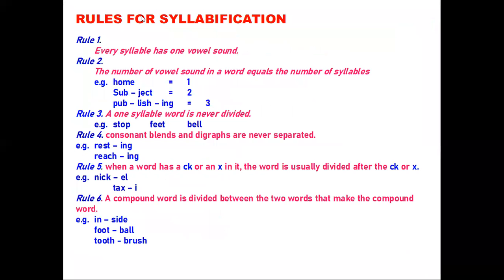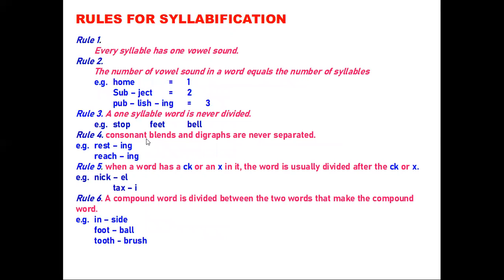Students, again I will tell you the rules for syllabification. Rule 1, every syllable has one vowel sound. Rule 2, the number of vowel sounds in a word equals the number of syllables. Rule 3, a one syllable word is never divided.